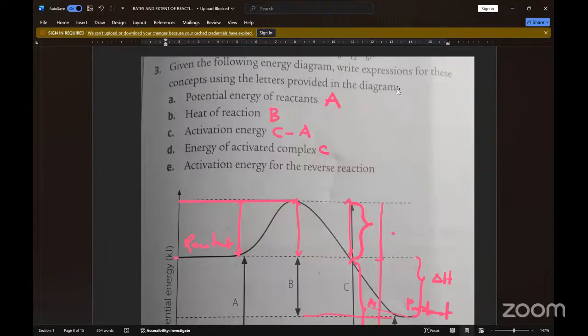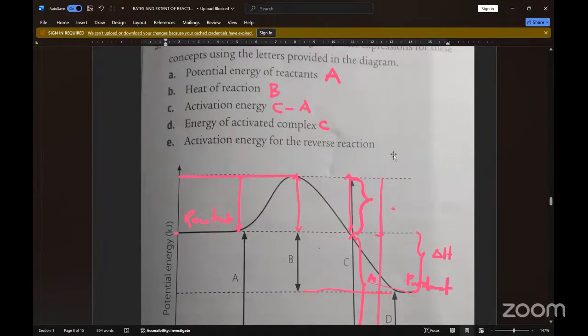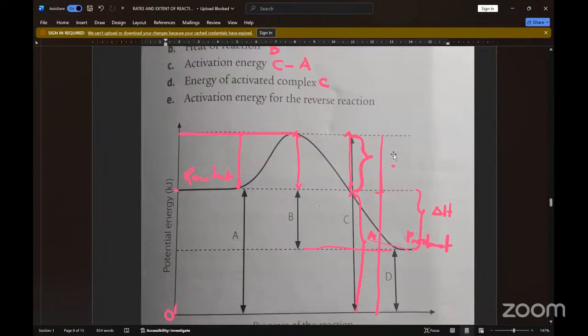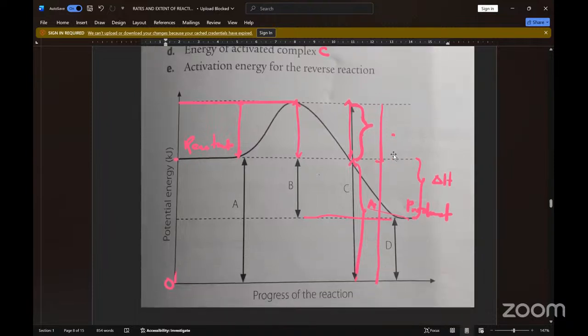And then the activation energy of the reverse reaction. The reverse reaction means that this one becomes the reactant and that one becomes the product. For the reverse reaction going backwards, this one now becomes reactant and this becomes what we call the product.